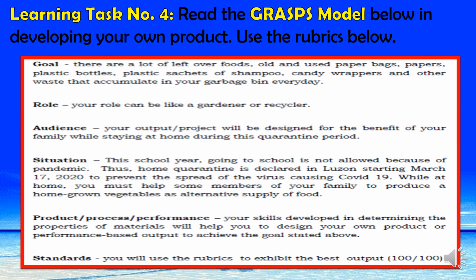R for role. Your role can be like a gardener or recycler. And A for audience, your output or project will be designed for the benefit of your family while staying at home during this quarantine period.